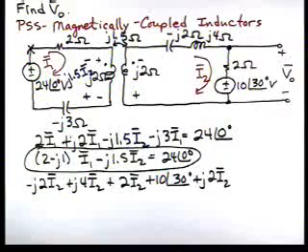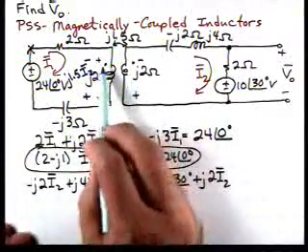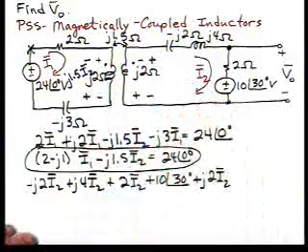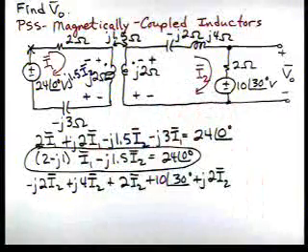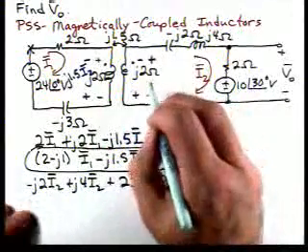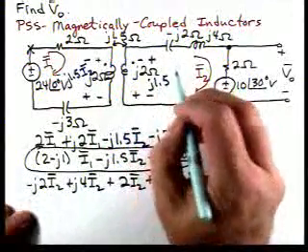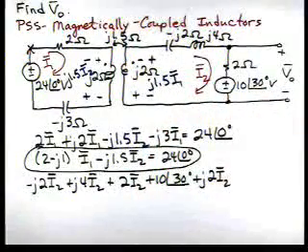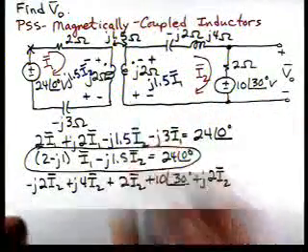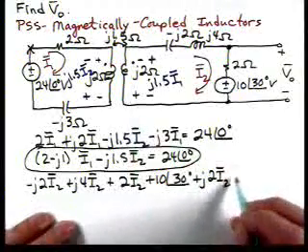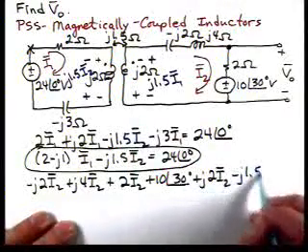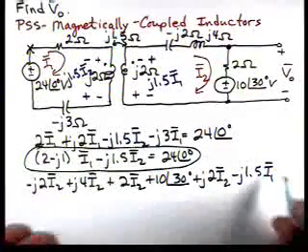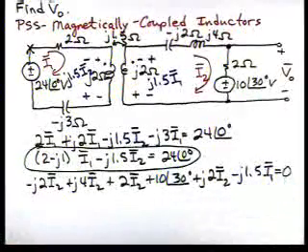Now, over on this coil, current enters a plus. It's going to produce a voltage with that polarity over in the second coil, and that voltage is going to be j1.5 I1. Notice that that has the opposite polarity to this term, so we're going to have a minus j1.5 I1, and that's equal to 0.